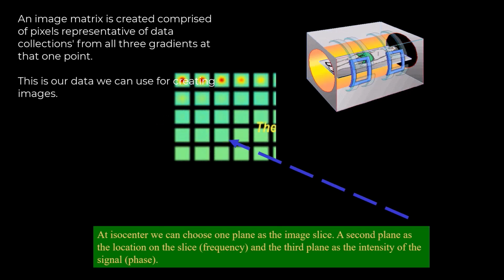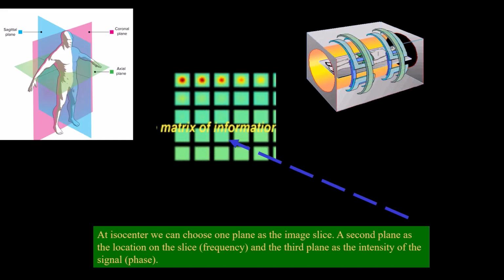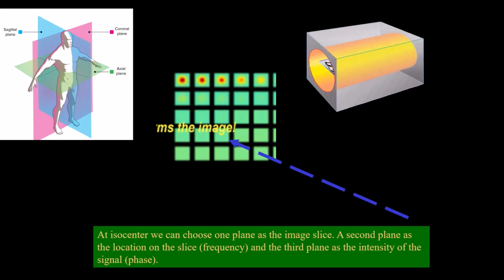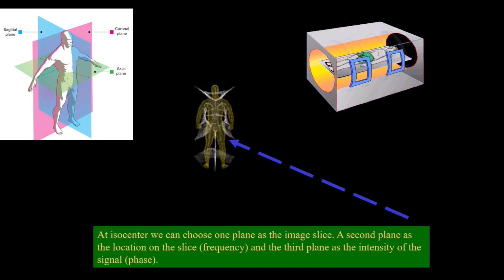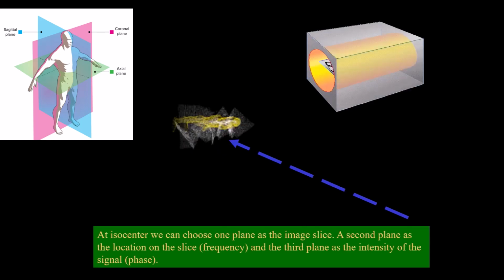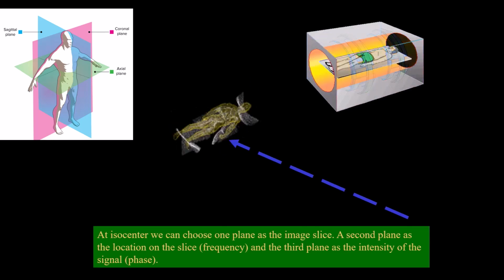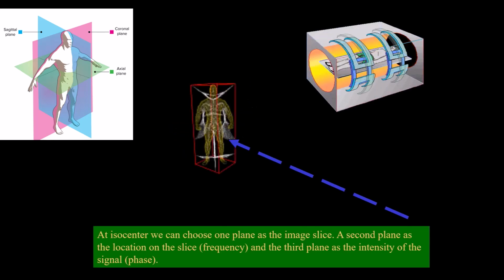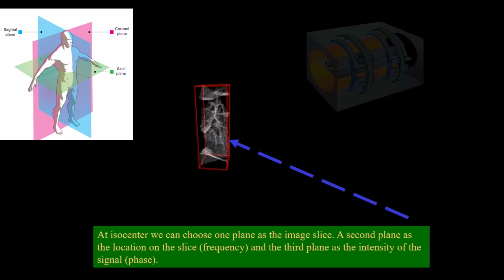Each specific pixel contains the data from the energy collected in the axial, sagittal, and coronal plane. So this gives us a 3D map of the patient's body, where we have choices of what we're going to do with the data that we have collected.